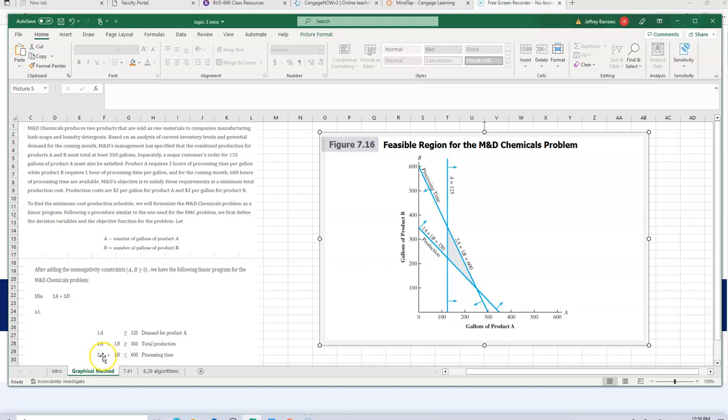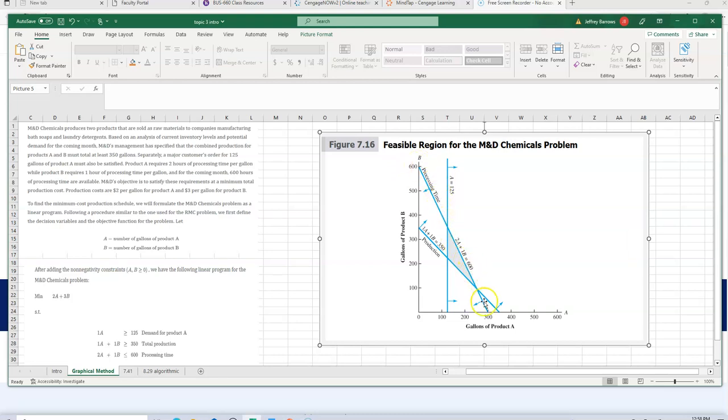And then finally, 2A plus B equals 600 is this line right here. And notice the intercepts: when B is 0, A would be 300, and when A is 0, B would be equal to 600. Again, that's just some old algebra that everybody is familiar with.